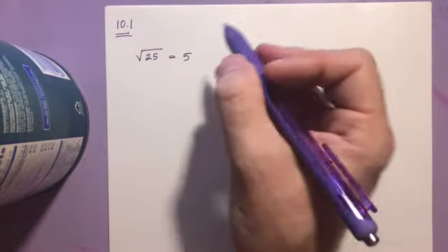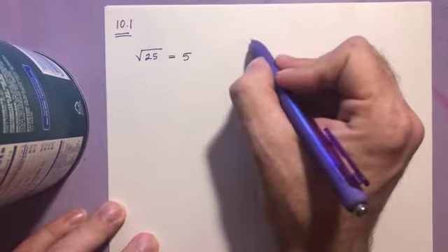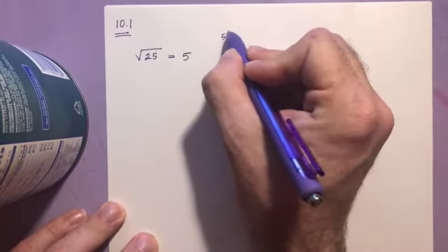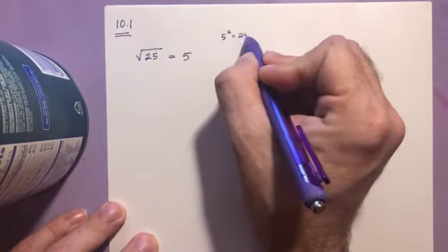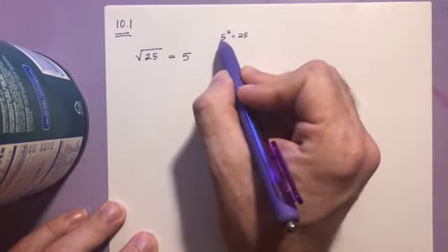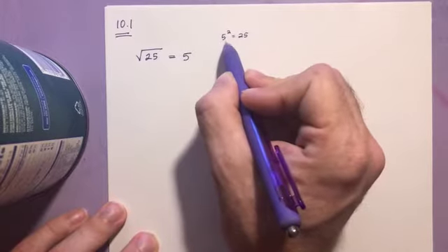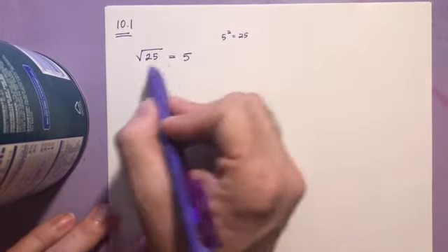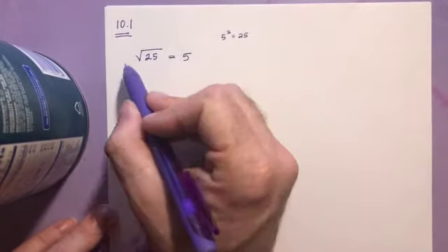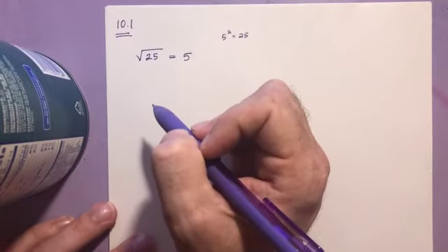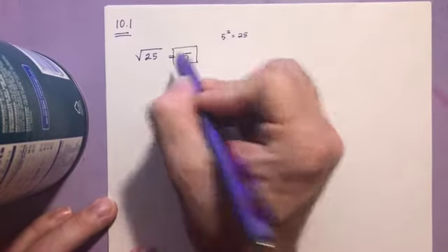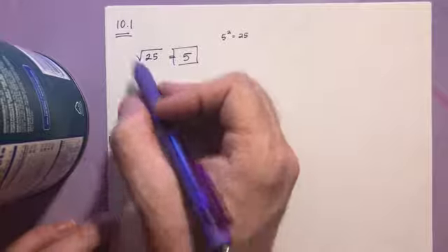So the square root of 25 is 5, because when we thought about it from before, 5 squared was 25. Well, now we're going to go backwards, and we're going to say the square root of 25 is 5. So it's really just going backwards of squaring. Okay, so that's why the square root of 25 is 5. And you have a calculator that can do that for you as well.